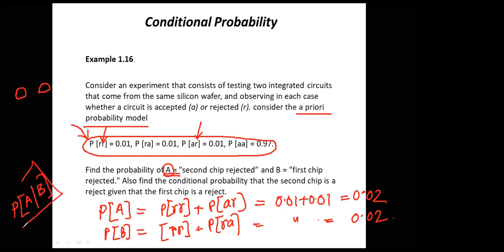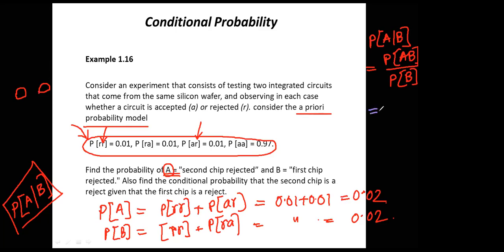That's what we want to find out. Probability of A given B is probability of AB divided by probability of B. We know this already.